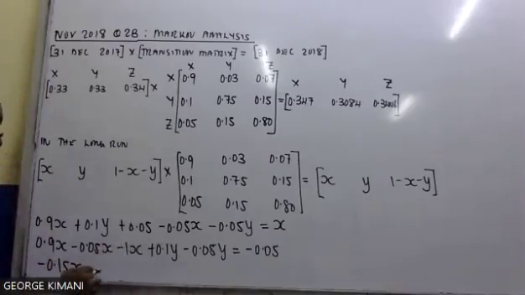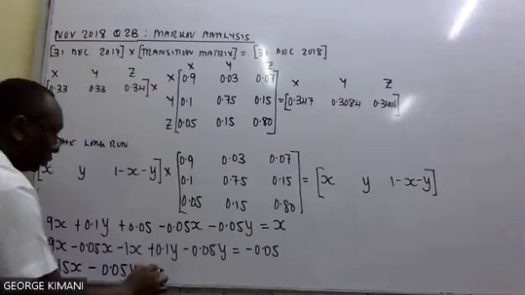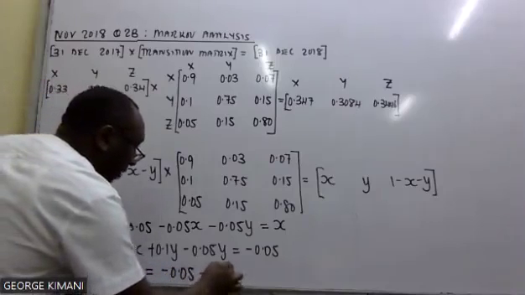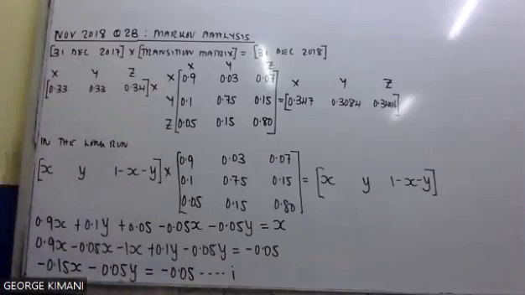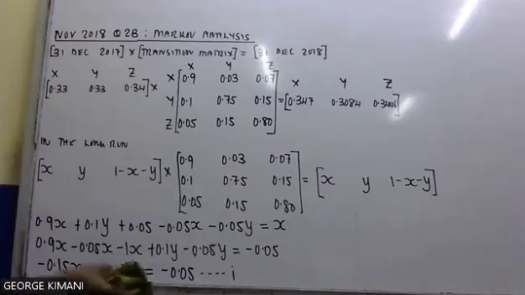So then kwa y itakuwa minus 0.05y is equal to minus 0.05, and you call it equation number 1.